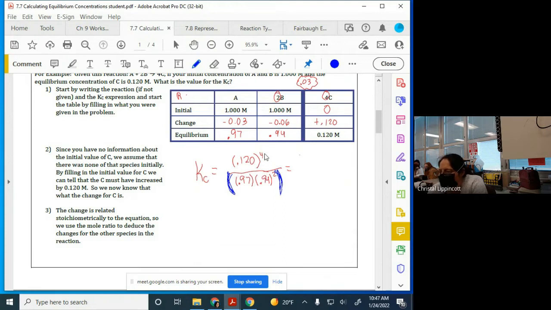So put this in, do your caret: 0.120, hit that caret key and hit the 4. Then you're going to hit divide, then your parentheses. Then you put these things in your parentheses and hit equals. Why don't you put the top in parentheses? Because it's already on the top line. You don't need to tell it to go there.